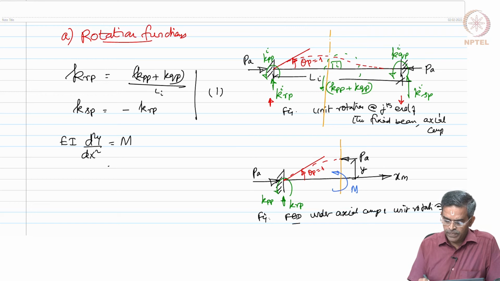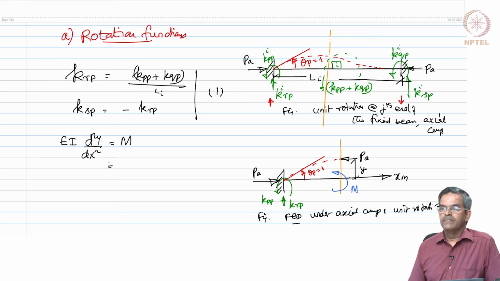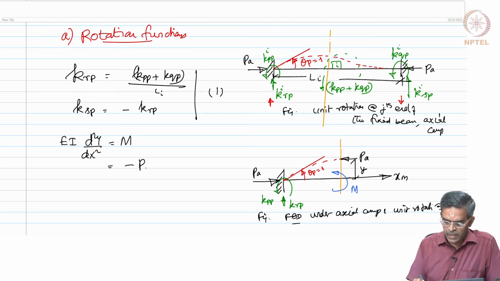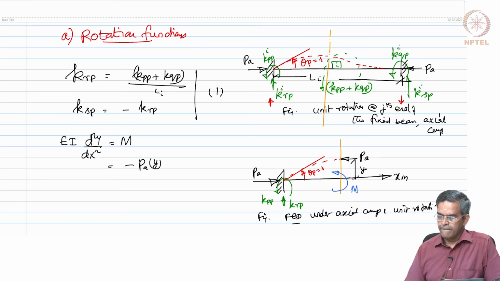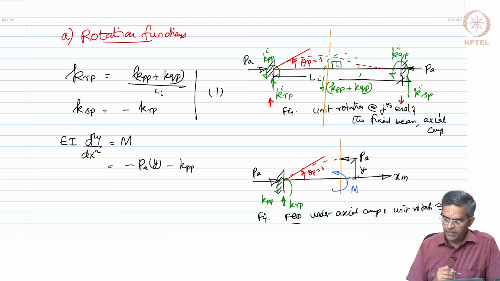And this m is minus PA into y, okay, minus PA into y minus KPP plus KRP into x.